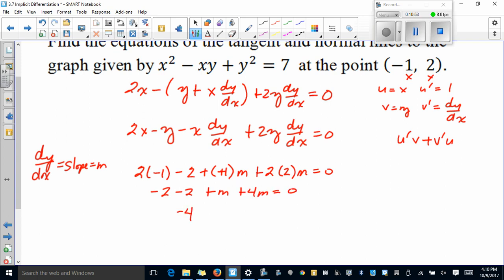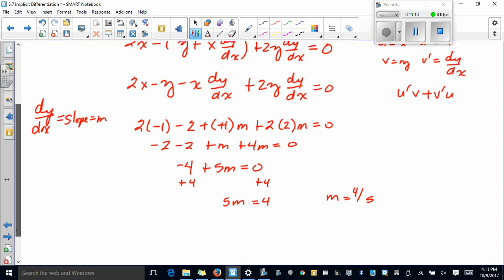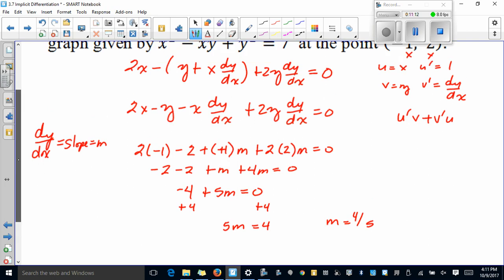Add 4 to both sides. We get 5m equals 4. So m equals 4/5. Let me write my point down. That's -1, 2. And we can answer the question.